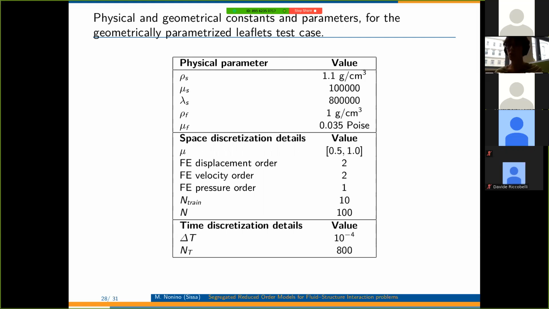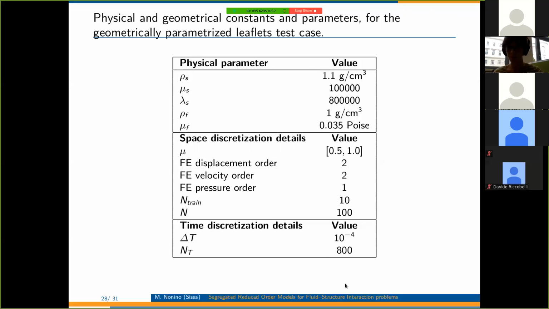No, sorry. I use a training set for the geometrical parameters with 10 values in the range of the geometrical parameters. Then for each value of the parameter in the training set, I compute the total time steps, and 800 is the number for one value of the parameter.